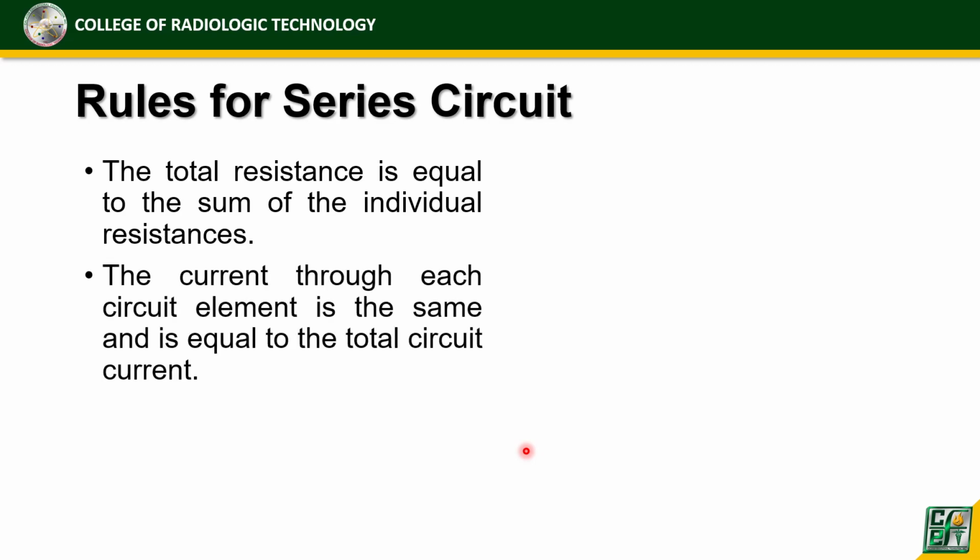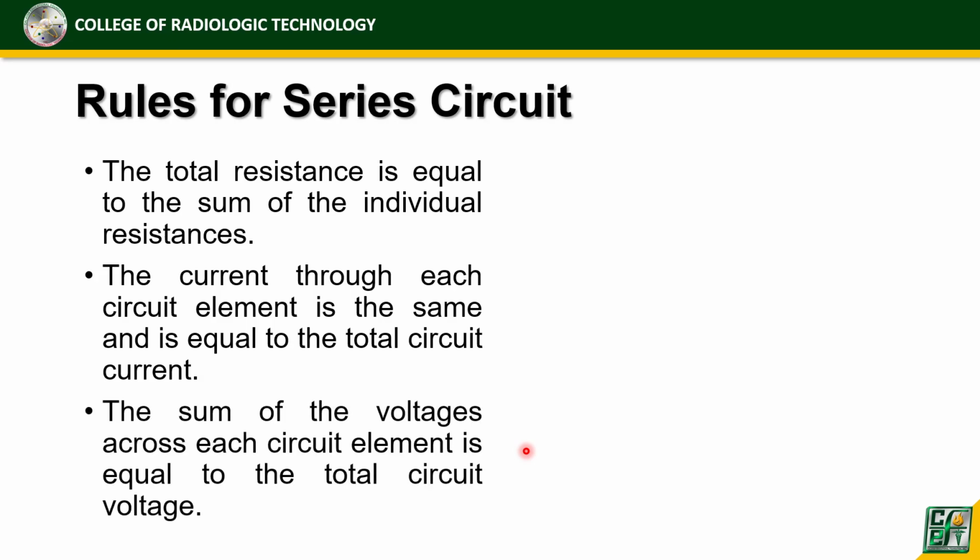The current to each circuit element is the same and equal to the total circuit current. And of course, the sum of the voltages across each circuit element is equal to the total circuit voltage.